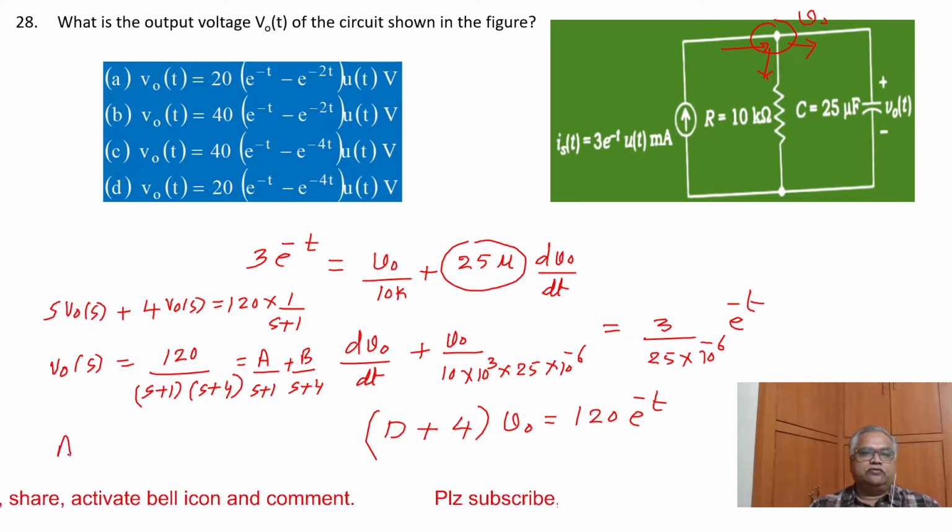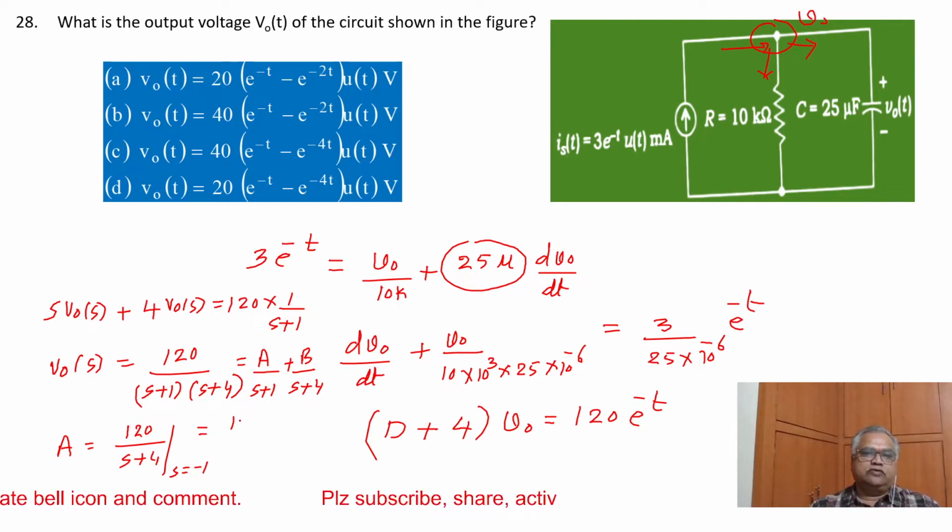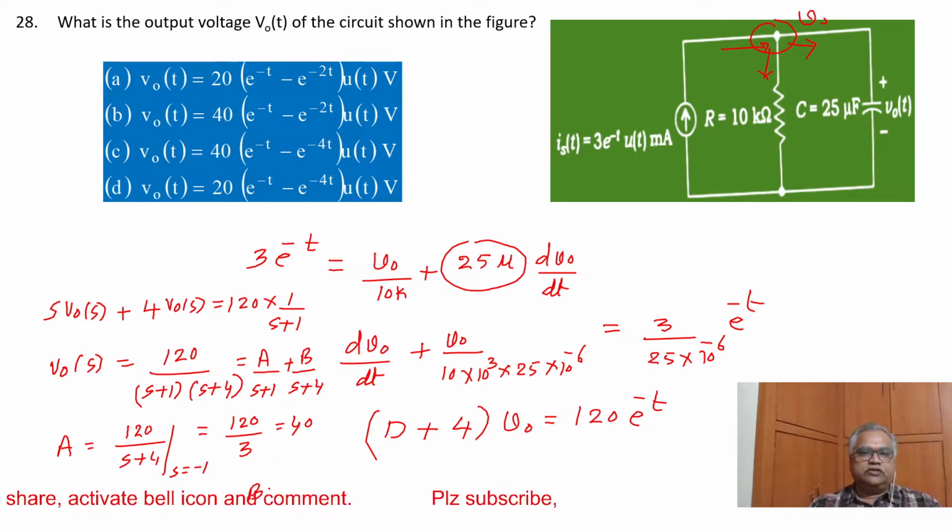What is the A value? 120 by s plus 1 cancelled, s plus 4 simplified at s equal to minus 1. So 120 by 3 becomes 40. And what is the B value? 120 by s plus 1 at s equal to minus 4.